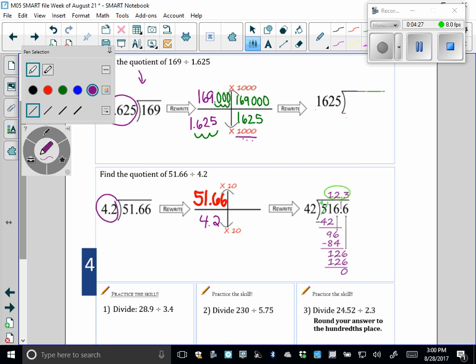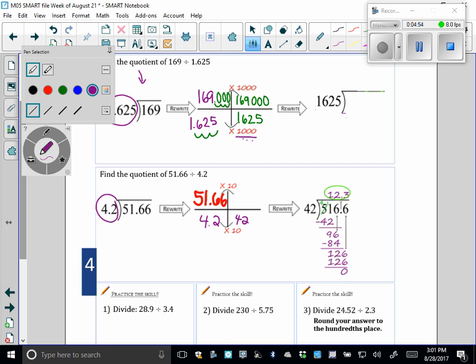If I multiply by 10, the decimal moves 1 time. So if I multiply 4.2 by 10, I end up getting 42. Just think about that. What's 4 times 10? 40, right? So 4.2 times 10 is going to be a little bit more. It's going to be 42.